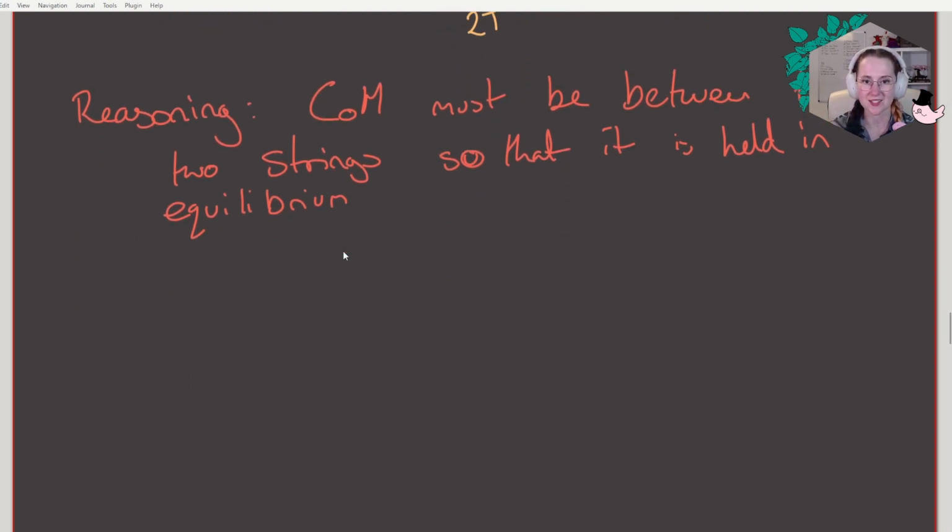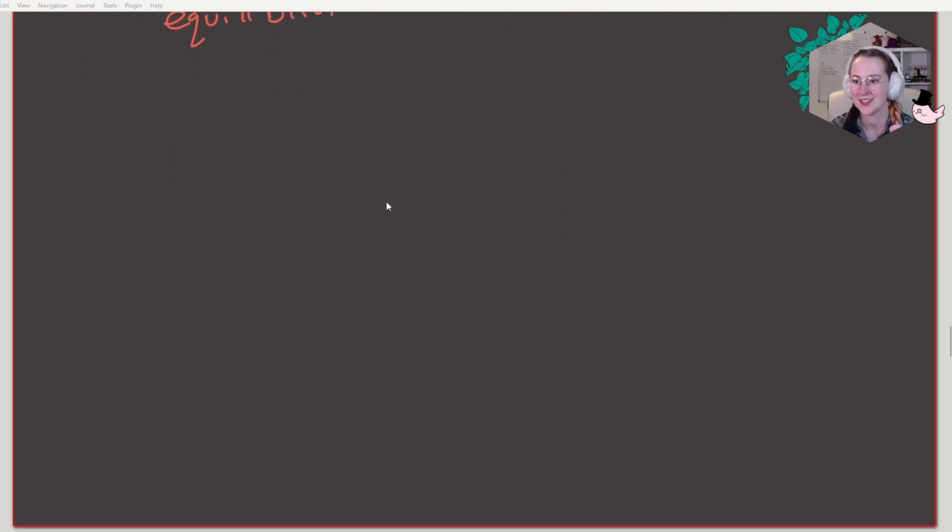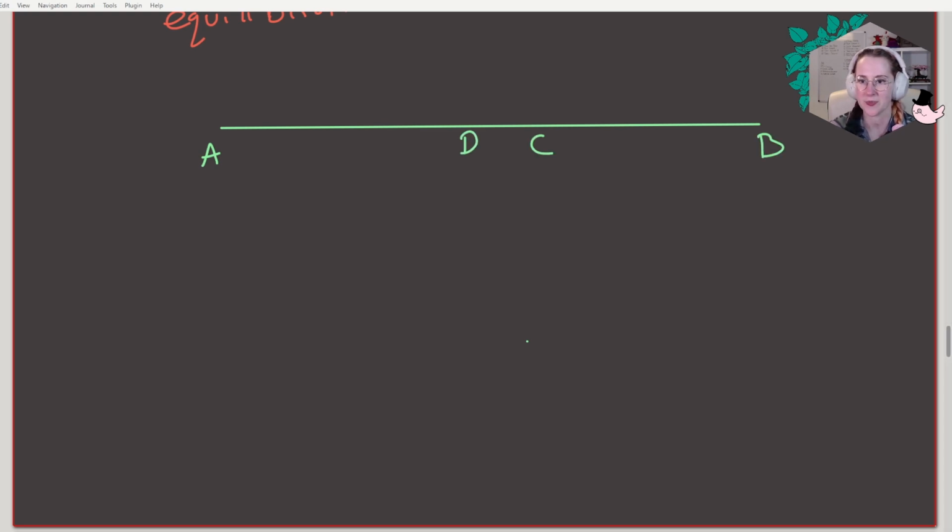Okay. So let's do this properly. We have our rod. We have points A, C, B, and I call it D here. Here we experience some force upwards, call it T. Here we experience some force upwards, we're going to call it 2T.